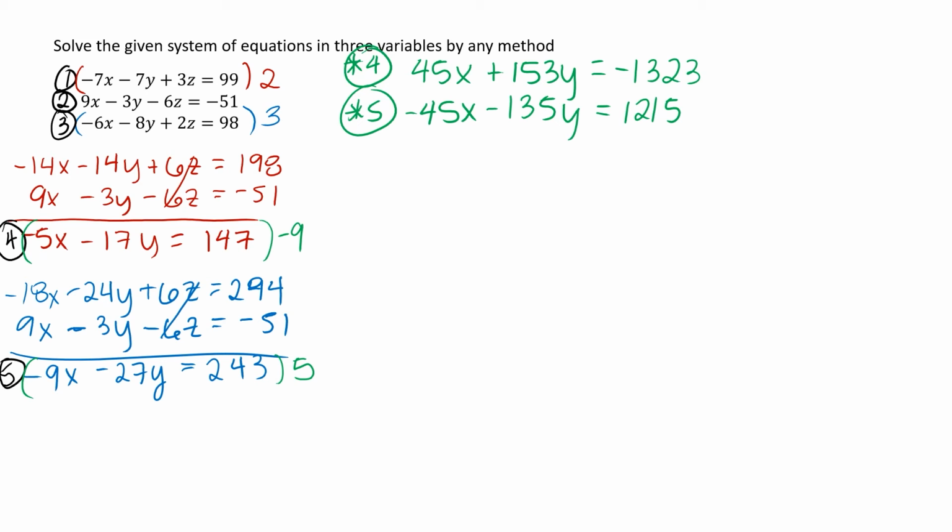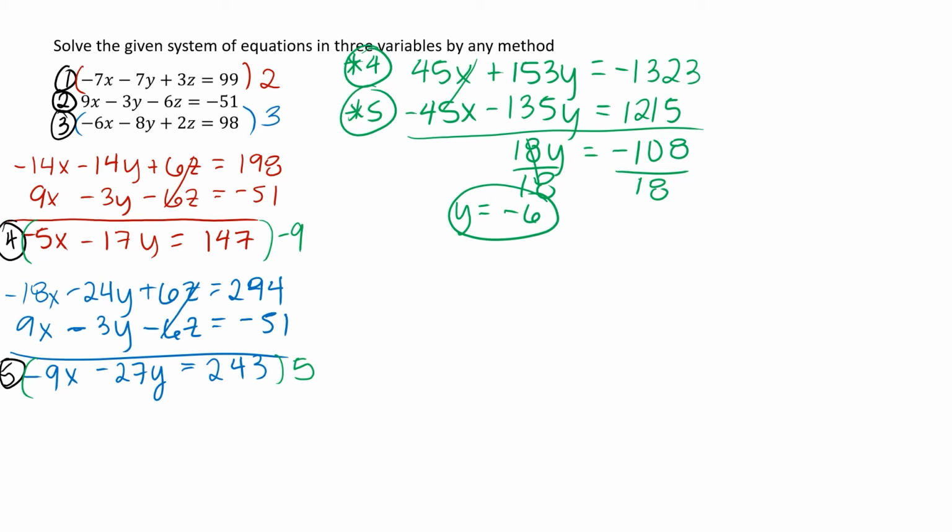Then I'm going to cancel out my x's and combine my y's, so I get 18y equals negative 108. From there, I'm going to divide by 18, so y equals negative 6. So it's one variable down.